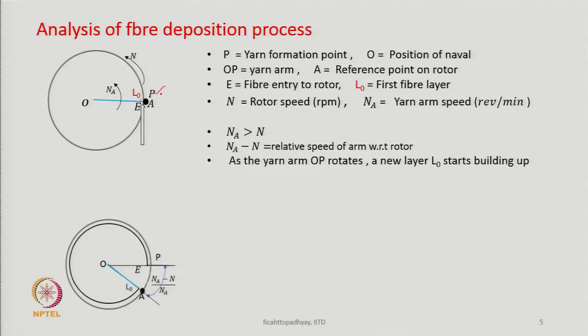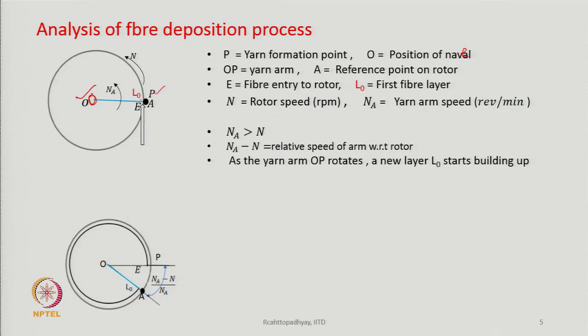Then O is the position of the navel. This is the position of the navel. OP is the yarn arm shown by the blue color. The takeoff nozzle, we call it actually the navel, is at the center point of the rotor. From there to the groove of the rotor, the yarn that exists, we call it the yarn arm.